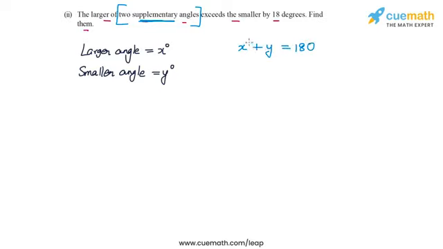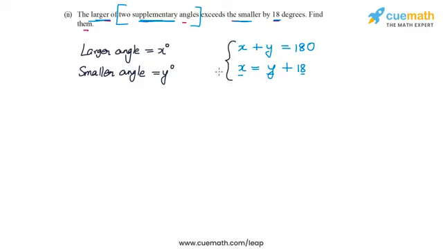The second thing it tells us is that the larger of these angles exceeds the smaller by 18 degrees, which means I can write x is equal to y plus 18, because the larger angle is larger than the smaller by 18 degrees. So these are the two equations that model the given situation.